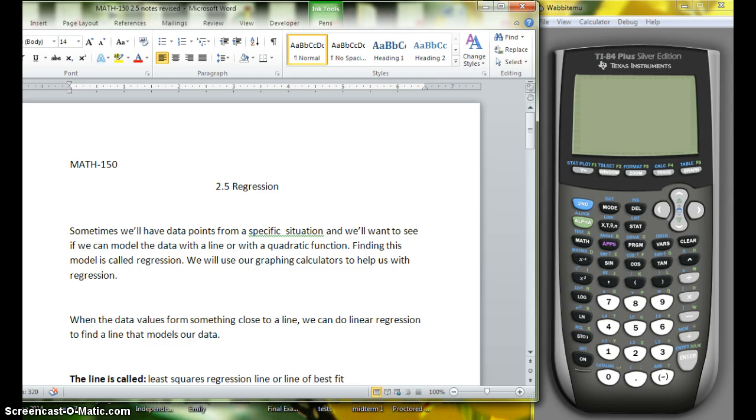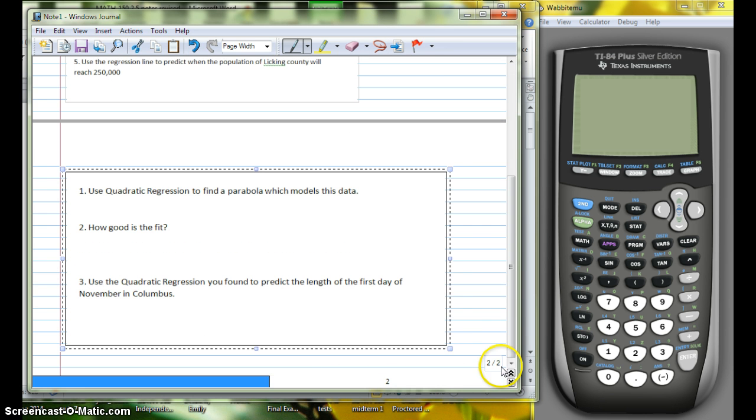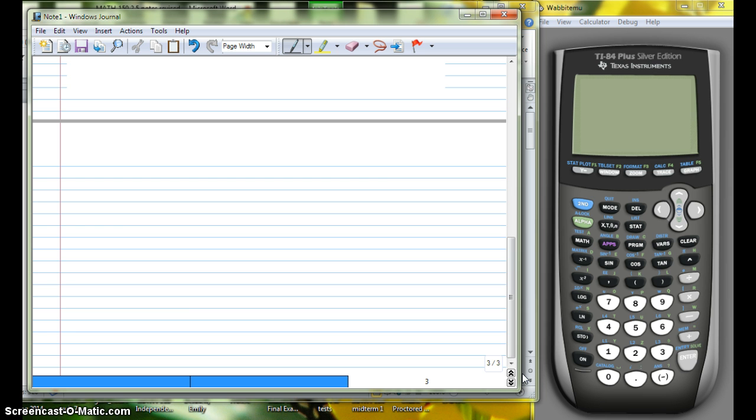So what regression means is that we're going to have some data points, and you could think of making a scatter plot. And we could have something like, let me draw a picture. Okay, so we have our xy coordinates, and maybe we have data points that we could plot.